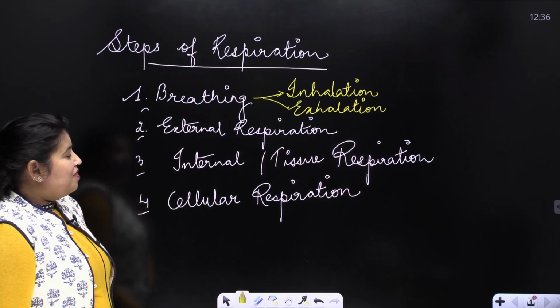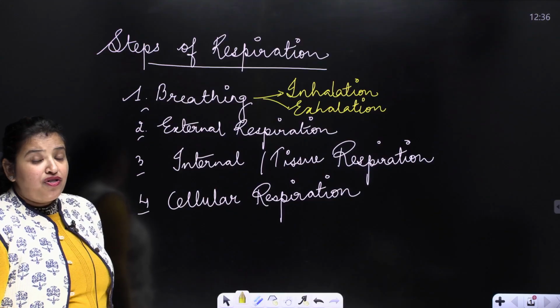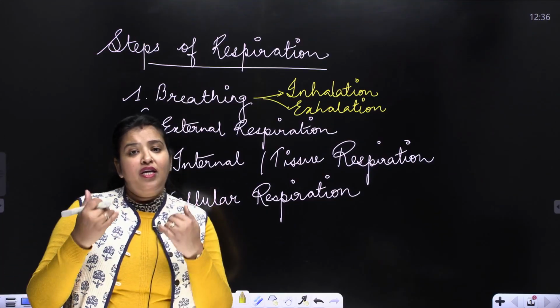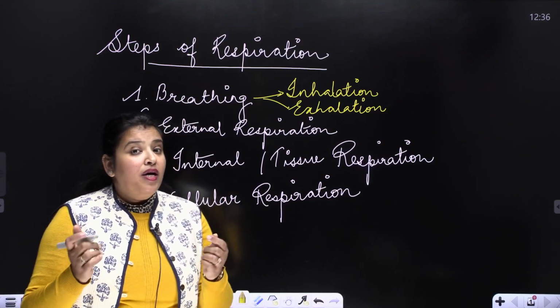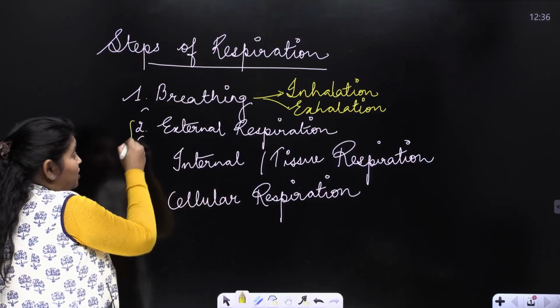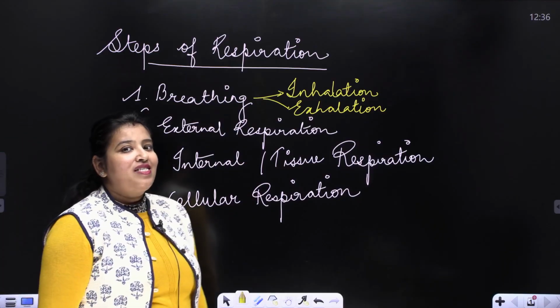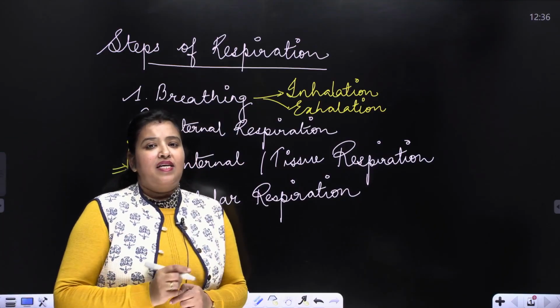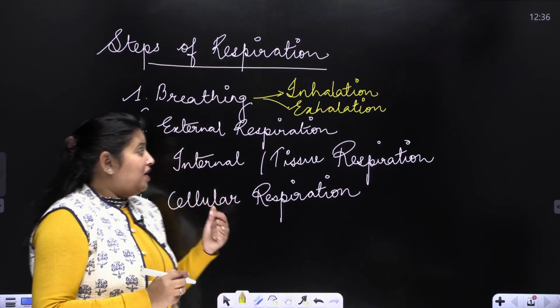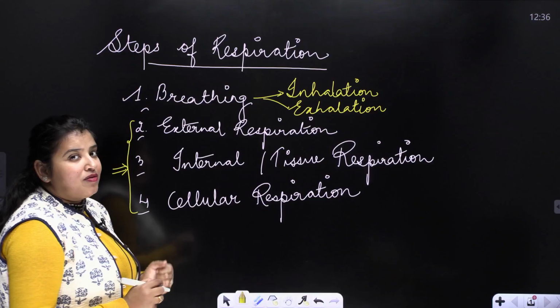All right. Next is external respiration. Now, you're breathing in and you're breathing out, but in between inhalation and exhalation, these three steps keep on happening inside our body. What is external respiration?